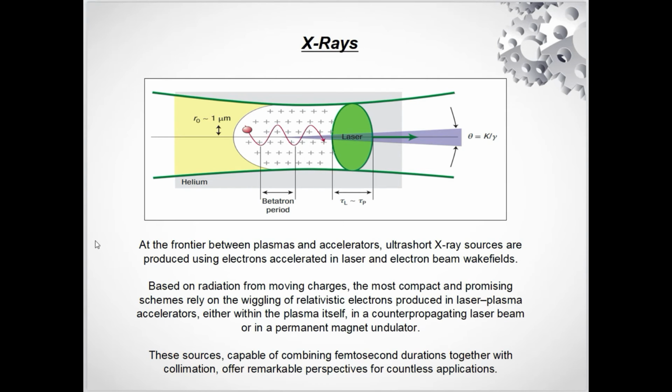So based on radiation from moving charges, the most compact and promising schemes rely on wiggling relativistic electrons produced in laser plasma accelerators, either within the plasma itself, in a counter-propagating laser beam, or in a permanent magnet undulator. These sources, capable of combining femtosecond durations together with collimation, offer remarkable perspectives for countless applications.